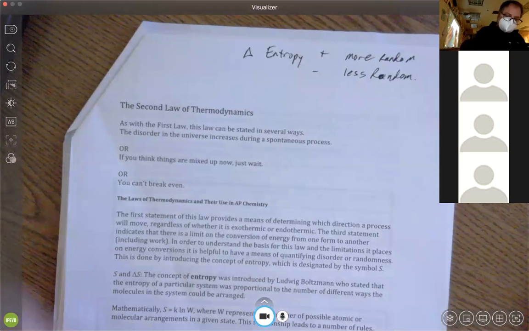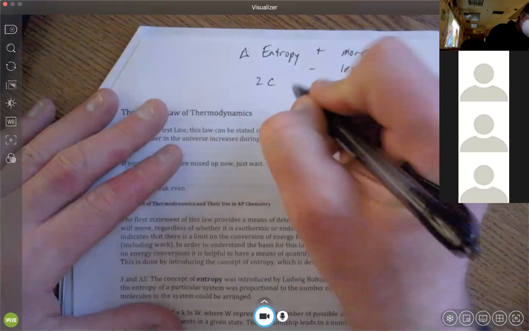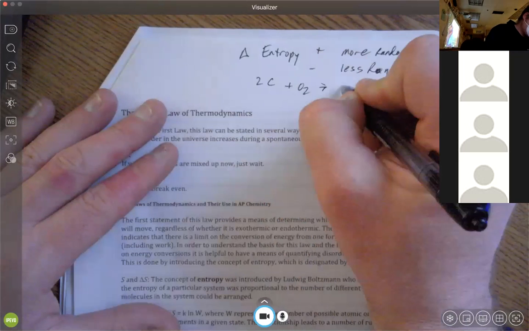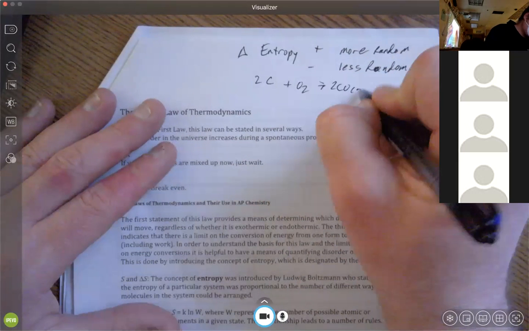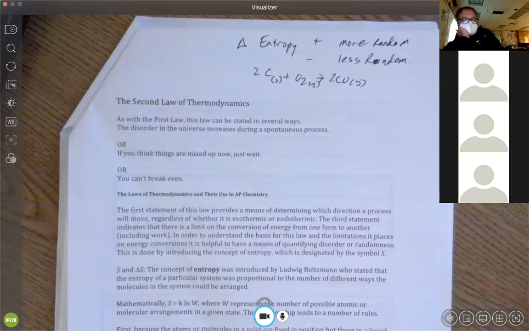So if we take a look, let's just do this. We have carbon, and we're going to add to it oxygen, and we're going to get carbon monoxide. Does it become more random or less random? So there are two trains of thought here.